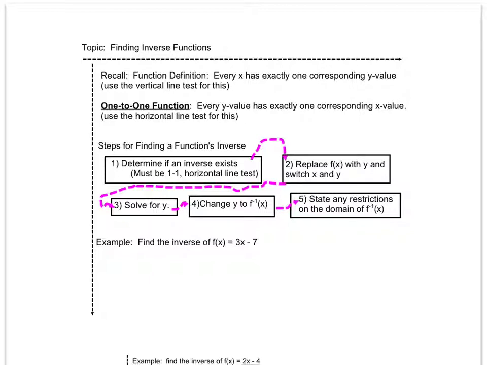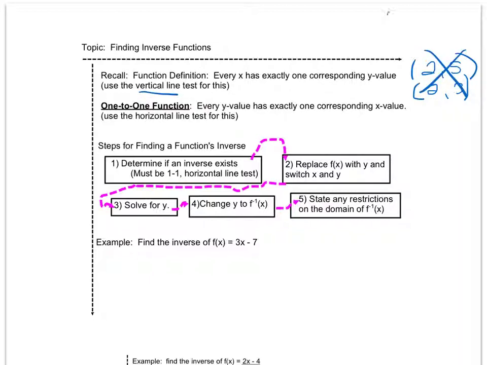So remember that in order to determine if a relation is a function, we needed every single x value to have one y value. For example, if you had the point (2, 5), you could not have the point (2, 3) because I would fail my vertical line test, so that would not be a function.